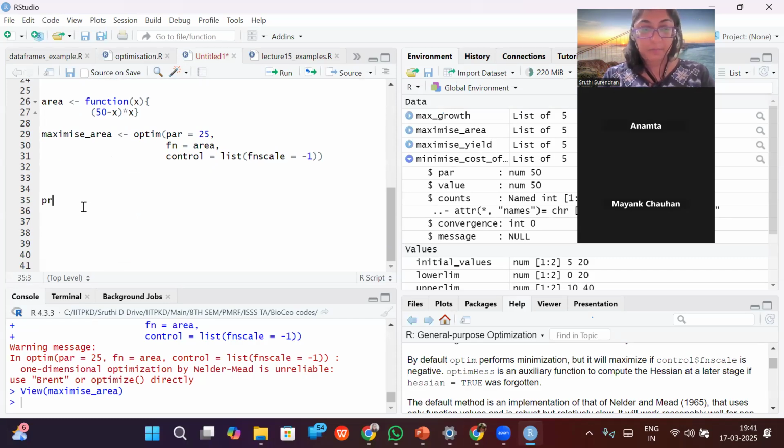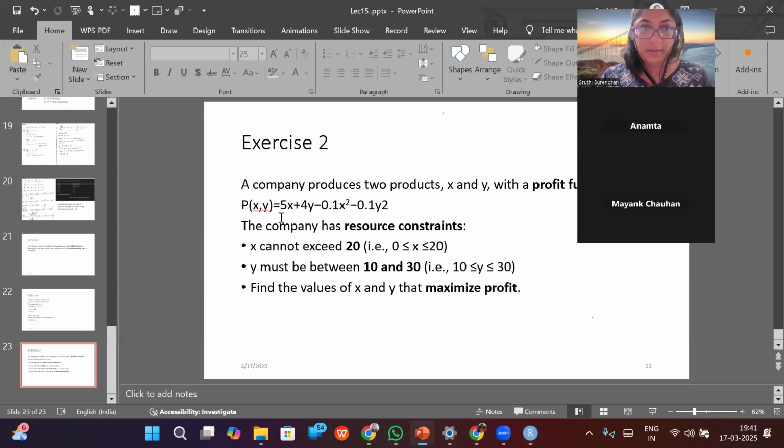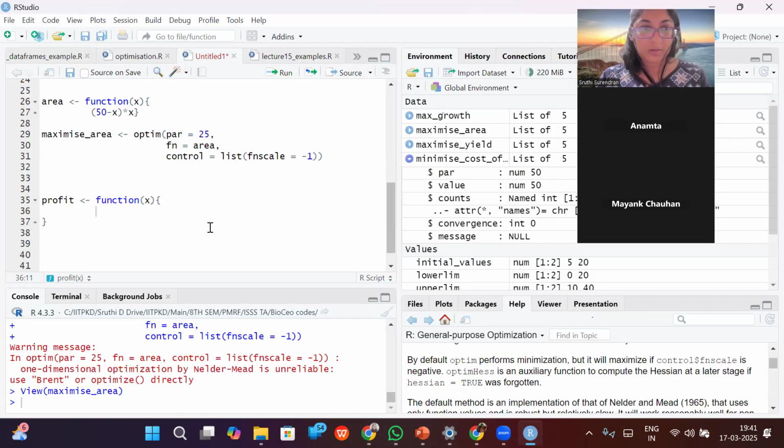The function is profit, which is a function of, say, some variable a, and the function is given by this formula here: 5 times x plus 4 times y minus 0.1 times x squared minus 0.1 times y squared. So this is our function.